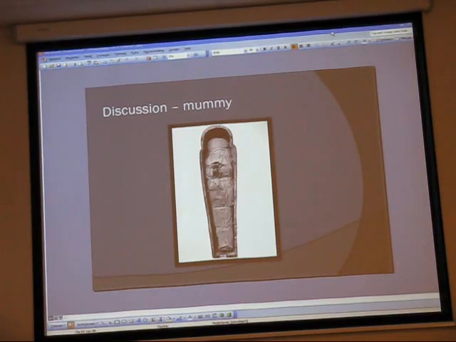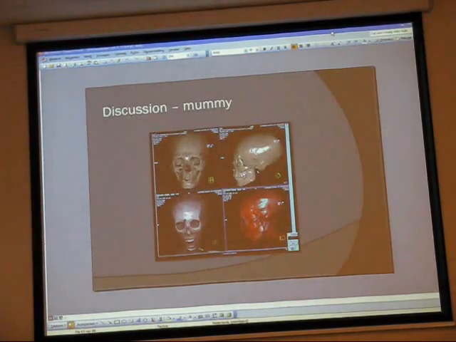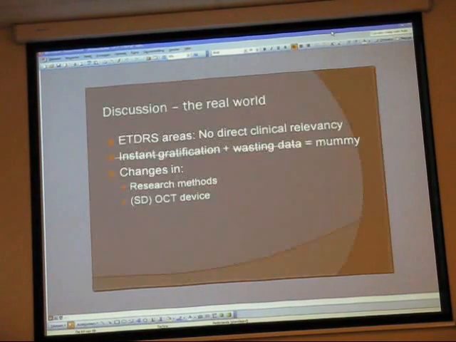No. They saved it and they stored it, knowing that in the future technology would advance in such a way that proper research on the mummy could be done, which is the case today. So my point is, sometimes when you stumble upon data, don't waste it, because it may prove to be valuable in the future.